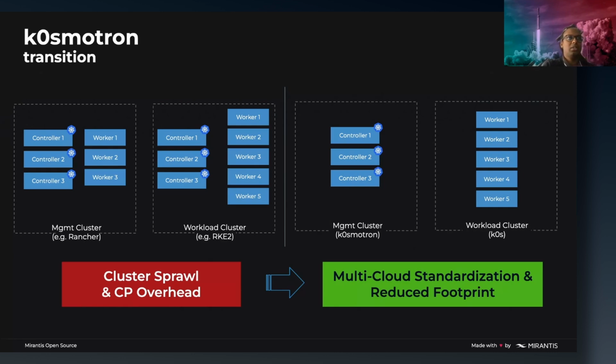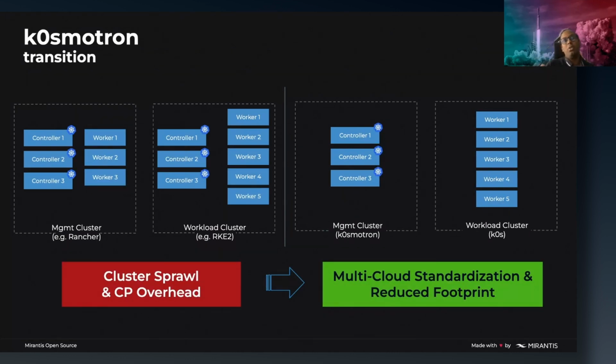So if you have cluster one, you will have 3 controllers, for example, if you need high availability, and 3 workers if you need to deploy applications on 3 workers, right? It can be 1, 2, 3, right? But typically this is one footprint. If you have another cluster, then you need to replicate that pattern and again recreate 3 controller nodes and then as many workers as required, right?